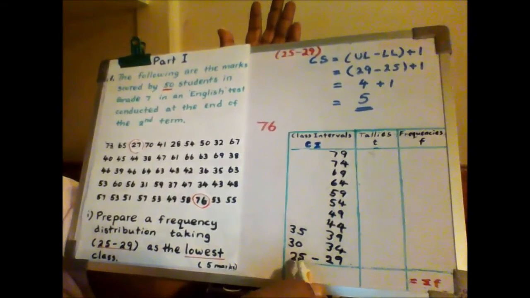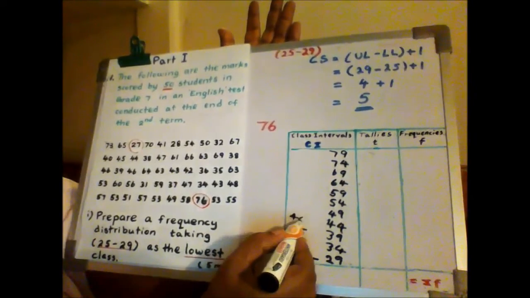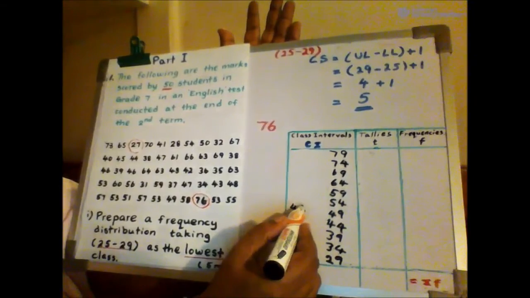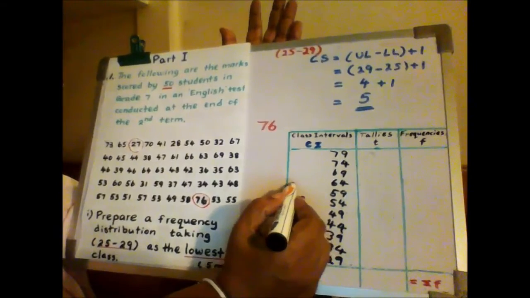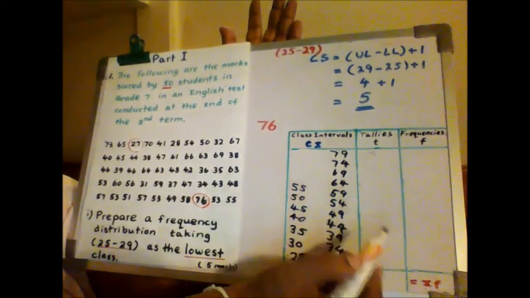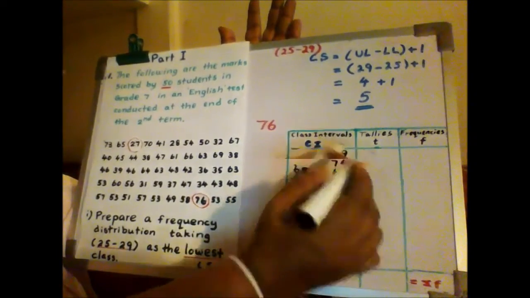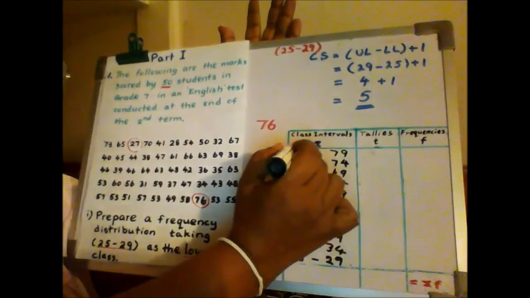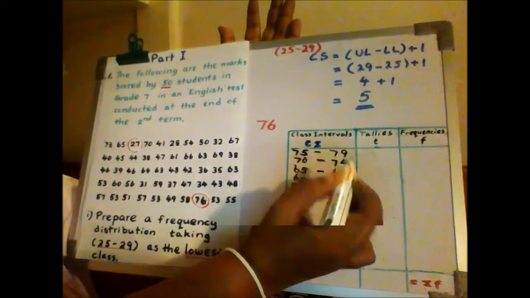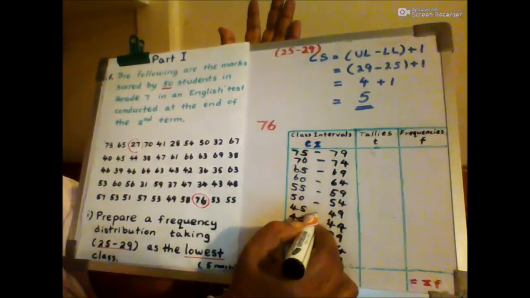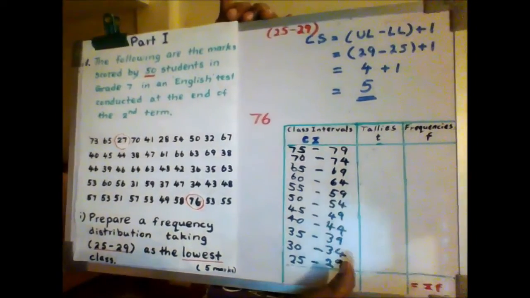Once again you can see a pattern, 25, 30, 35, 40, 45, 50, 55, 60, 65, 70. The highest one, 75. So these are our classes. Then put the brackets. Okay. You know up to this.